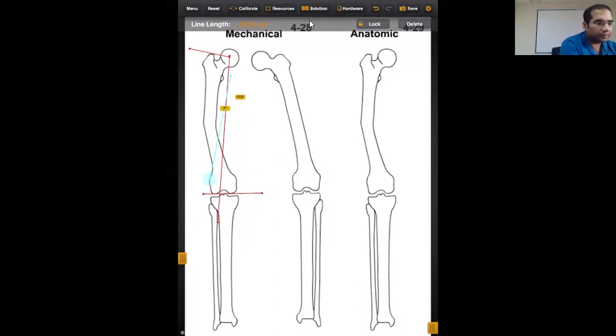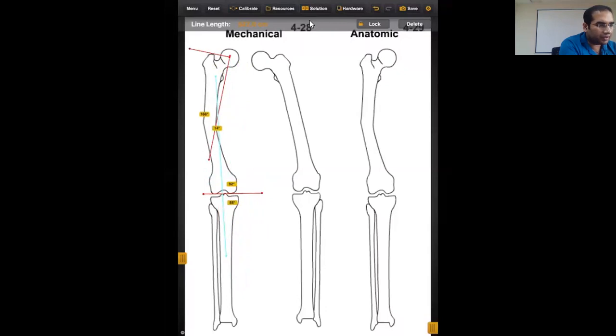And then we're simply going to draw a distal line at 88 degrees.